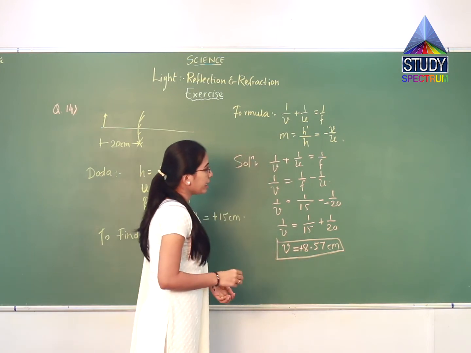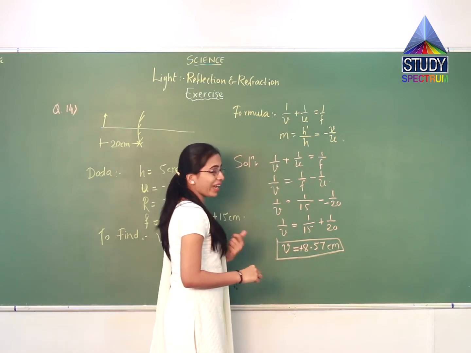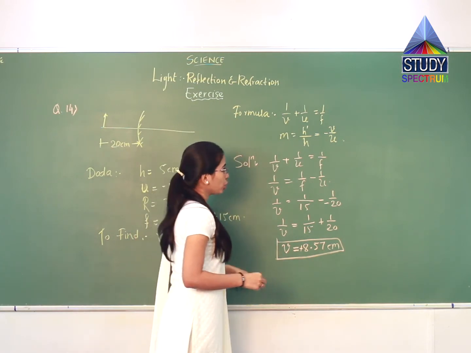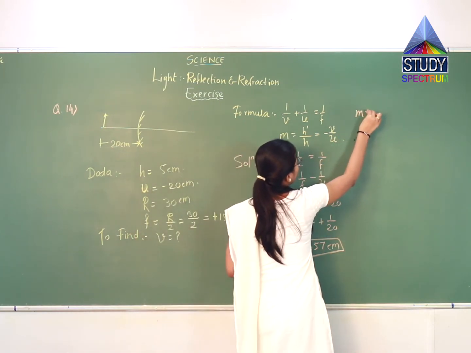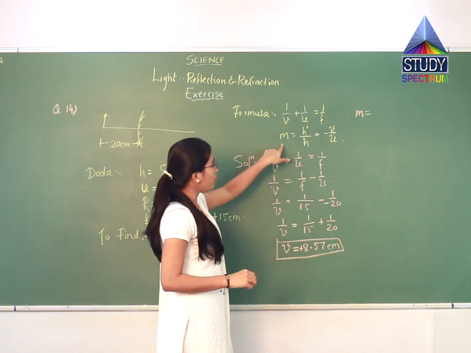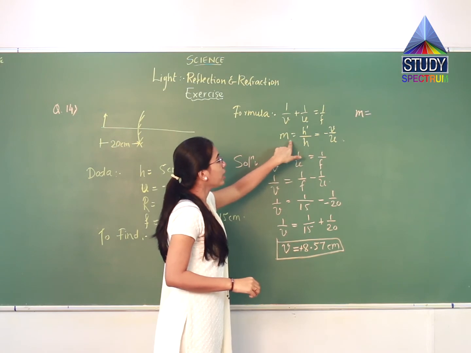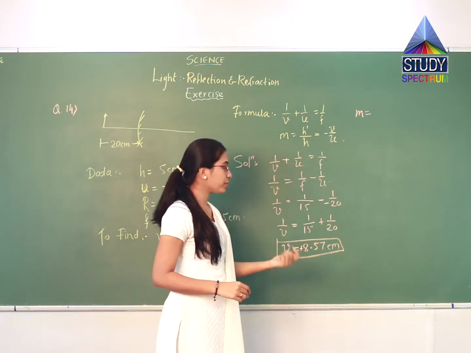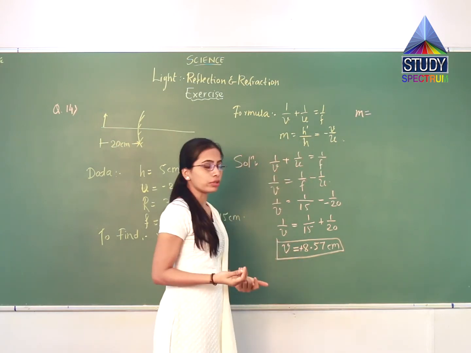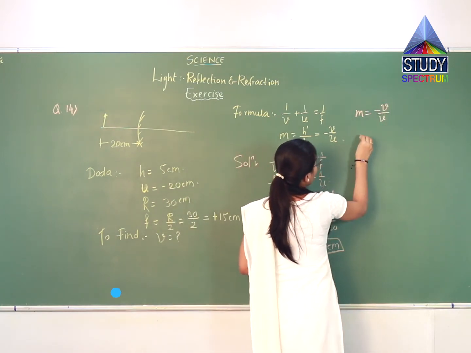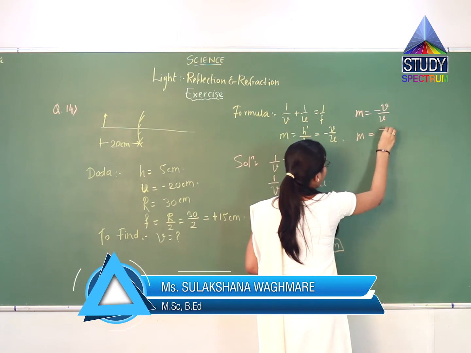So now let us do it for magnification in order to find the nature of the image. So m is equal to, now we don't know m as well as h dash, so that's why I will use the formula in the form of v and u, because now we know v and u is already given. So minus v upon u.